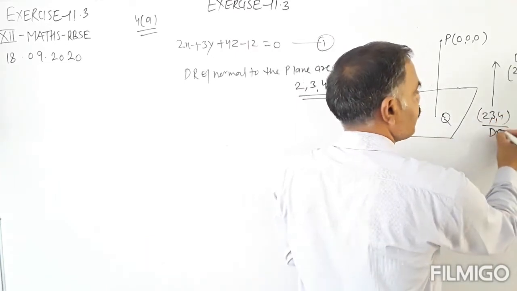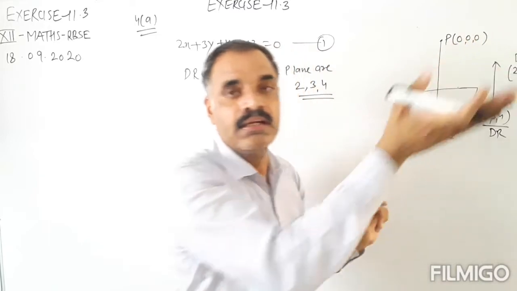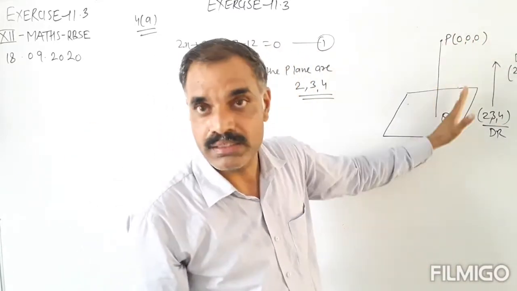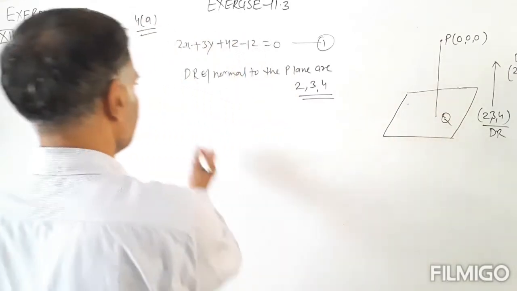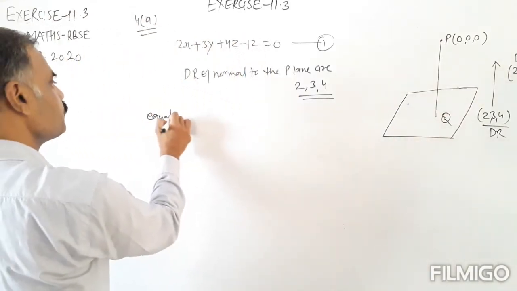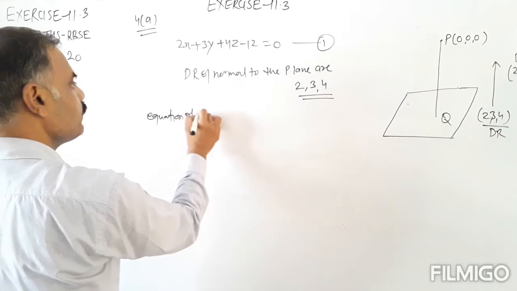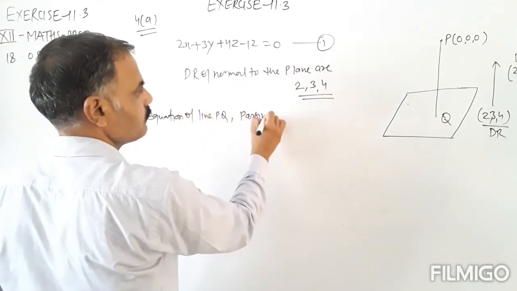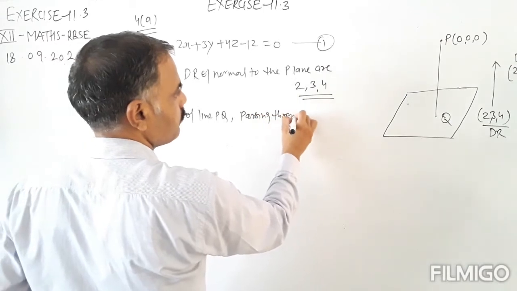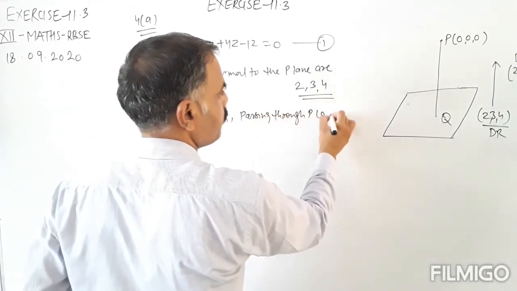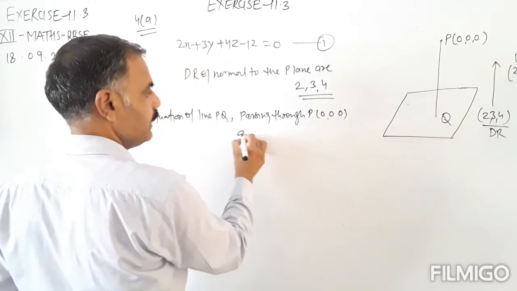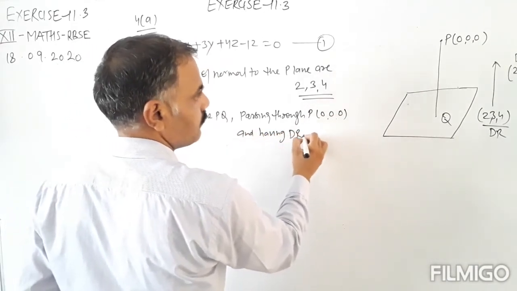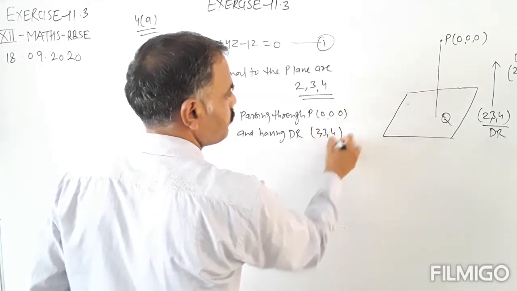These are the direction ratios perpendicular to the plane, so they are also the direction ratios of the perpendicular line, that is PQ. So the equation of line PQ passes through point P 0, 0, 0 and has direction ratios 2, 3 and 4.